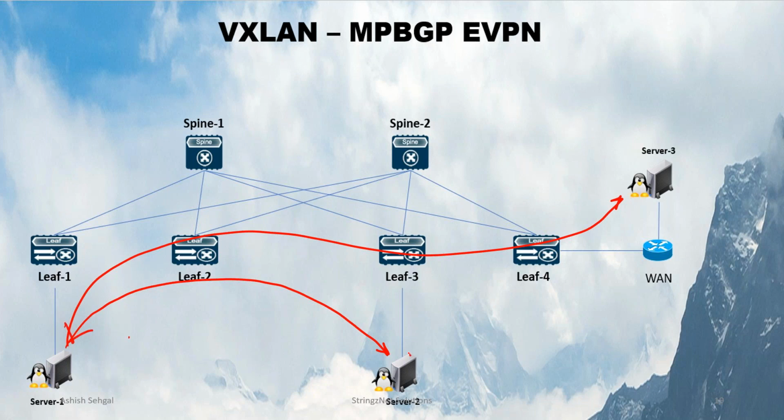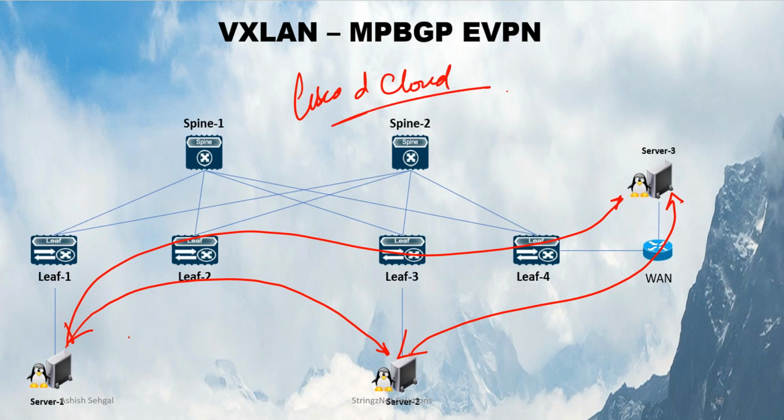Plus this server is also able to talk to this server which is outside the VXLAN fabric, and we are going to do this with the help of our dear Cisco dCloud Lab with end-to-end data plane reachability.